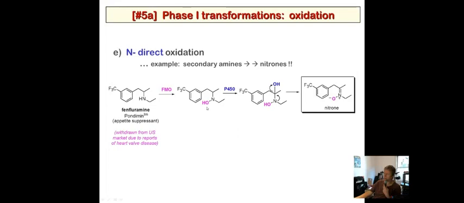But then P450 will thereafter oxidize the carbon. So first we oxidize nitrogen, then we oxidize the carbon, and now the nitrogen kicks in and breaks off the hydroxy, and we get a nitrone functional group, which is kind of like a ketone, but with a nitrogen and an oxygen. So it's a different pathway. Totally different than a tertiary amine, because tertiary amines seem to stop at the tertiary amine N-oxide.